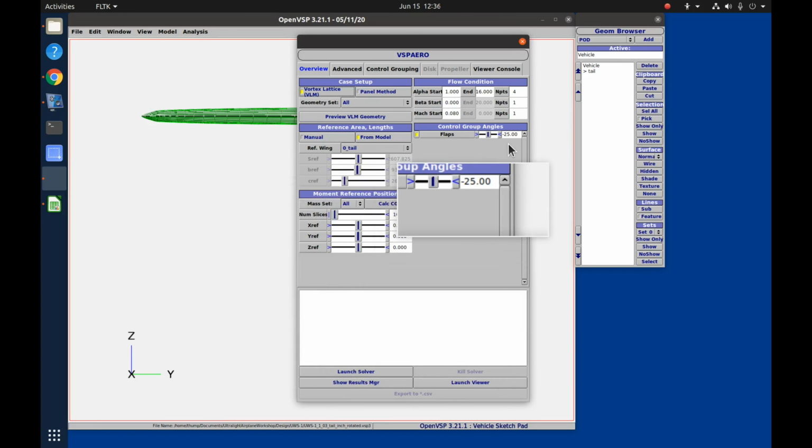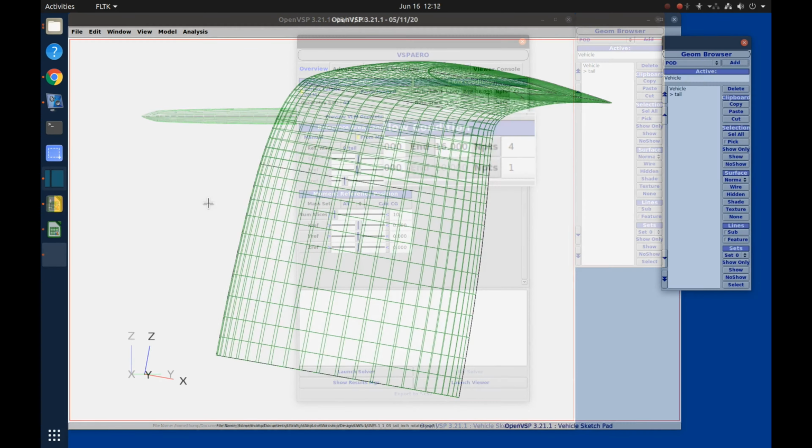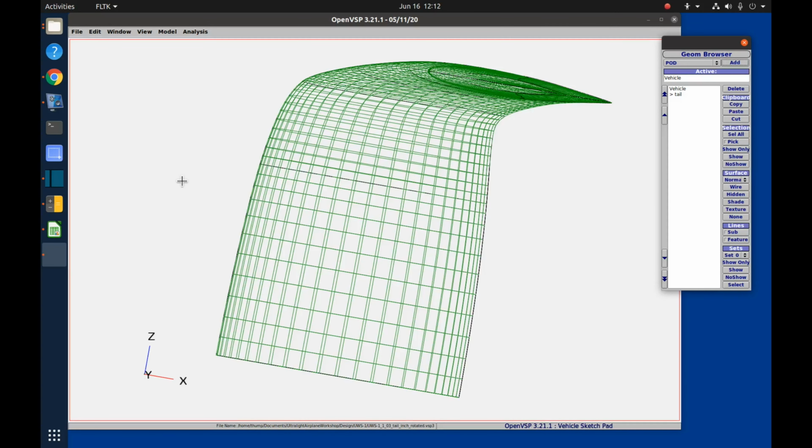And since we're limiting the deflection of our rudder to 25 degrees, that's what I put in here, and I've used minus 25, and that's to increase the camber even more in the direction of our change in alpha. Let me show you in a picture a little better about what I'm talking about on pitch and the rudder deflection. When we're using that positive alpha, we're really meaning that the vertical stabilizer is pitching up.